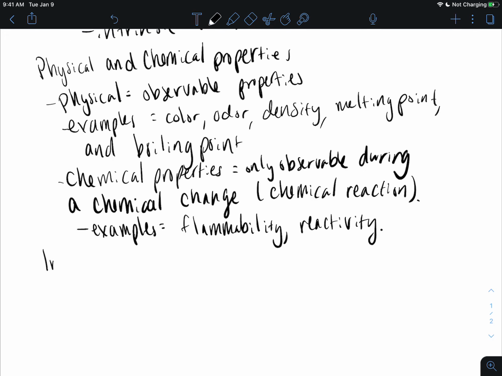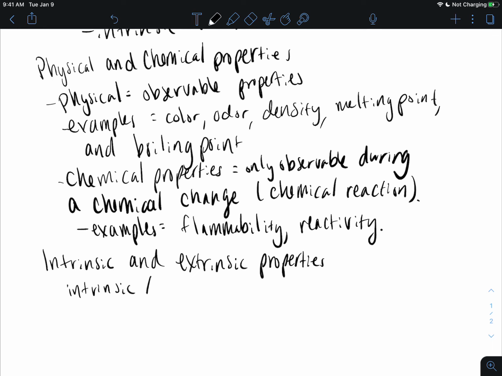To look at our intrinsic and extrinsic properties. So if we're talking about our intrinsic, or also call it intensive properties, these are going to be properties that are going to be inherent.